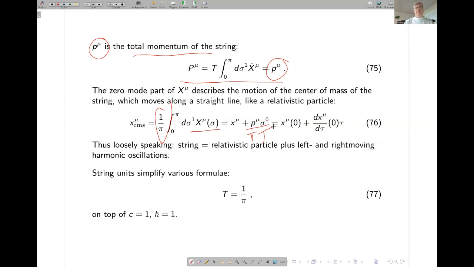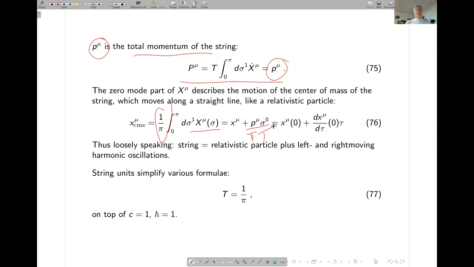So this exactly takes the form of the motion of a free relativistic particle. So this shows us that for a freely moving relativistic string, the center of mass moves like a relativistic particle. And on top of this, we have these left and right moving waves, which are parameterized by the Fourier coefficients alpha.